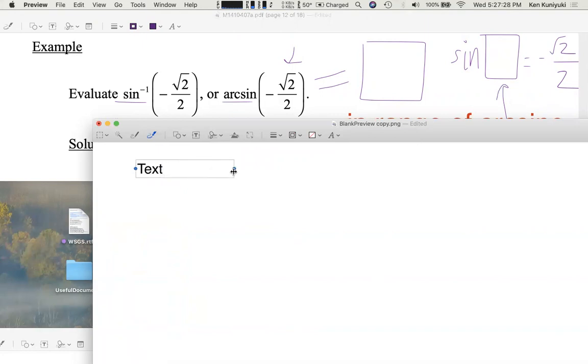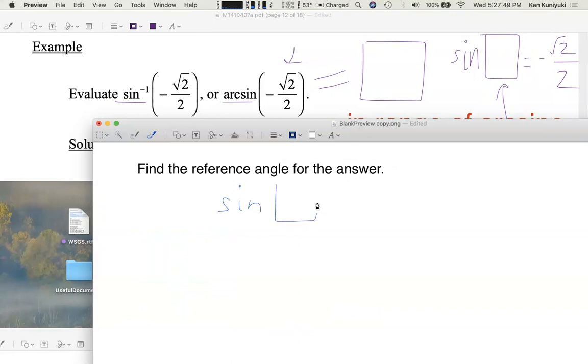So let's find the reference angle for the answer. Remember, the answer is basically like an angle. So I want to know a nice acute reference angle such that the sine of that angle is positive root 2 over 2.